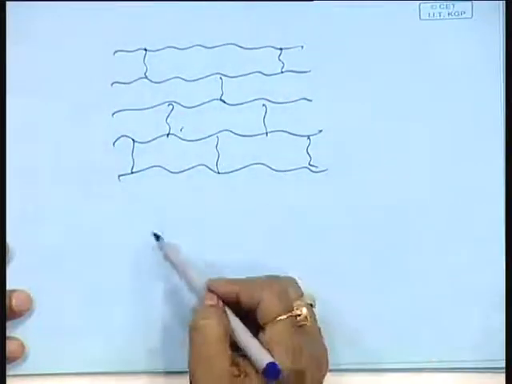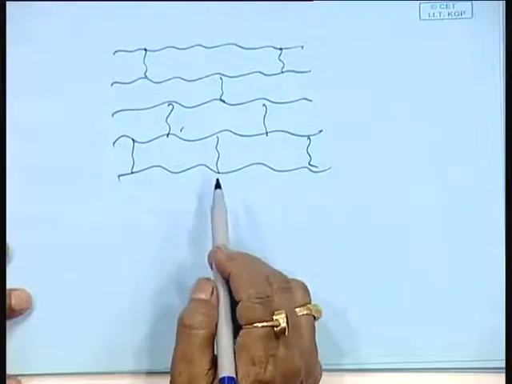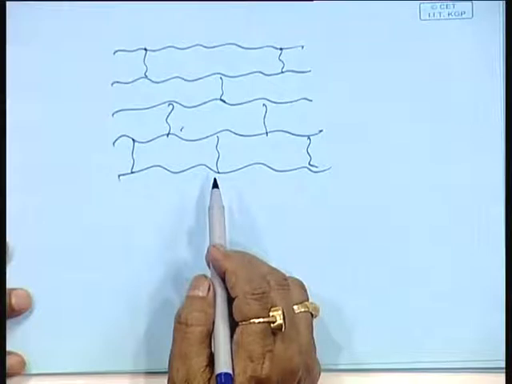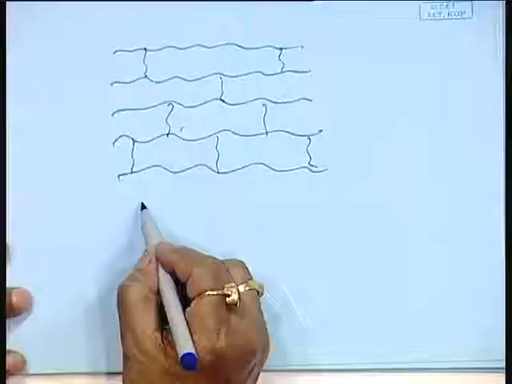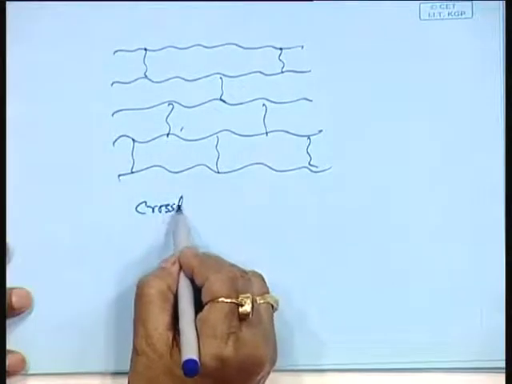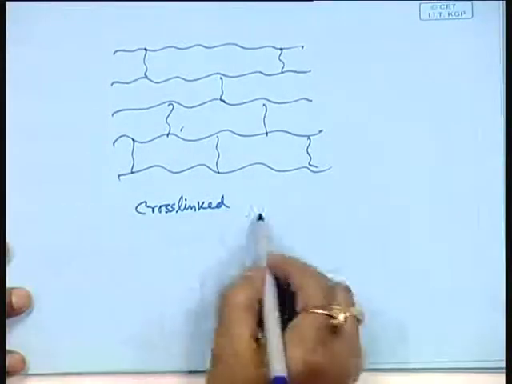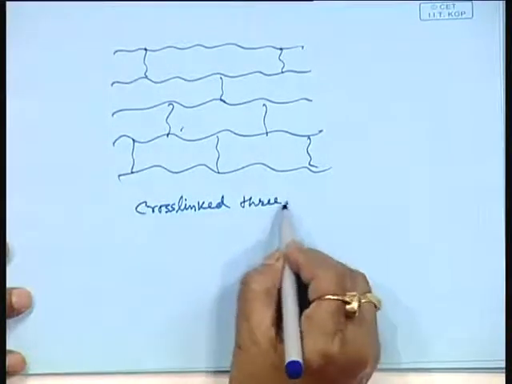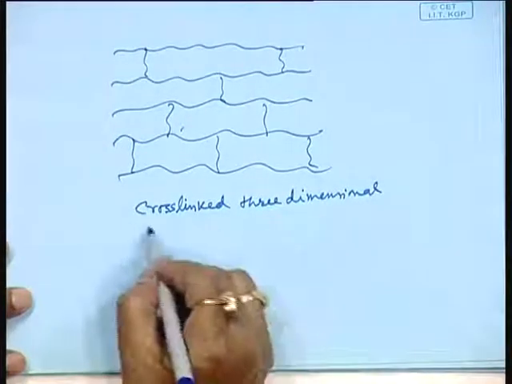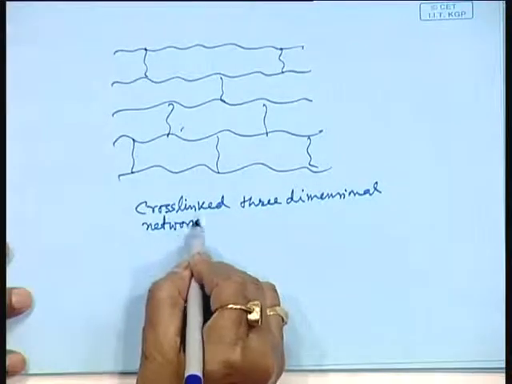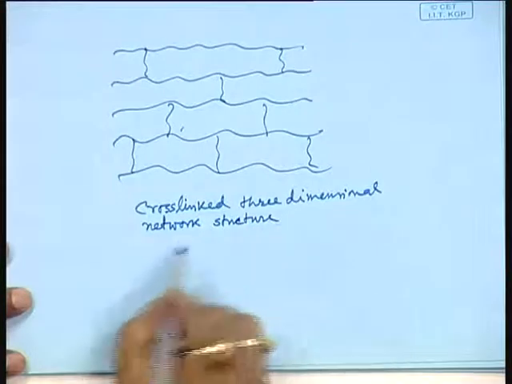This is a planar network structure. We can draw a 3-dimensional network structure, I showed you earlier. So, this is a cross-linked three-dimensional network structure.